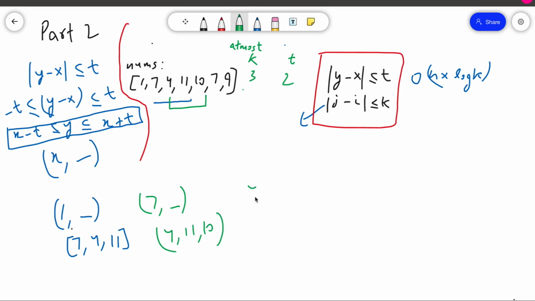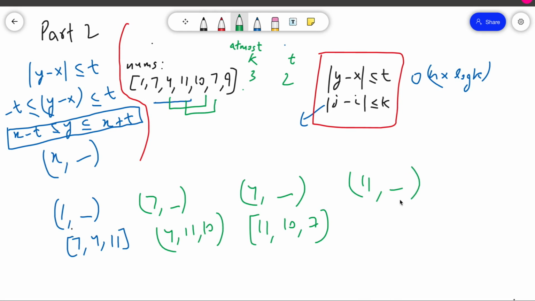Similarly, if the first number of the pair is 4, then we have to pick the other number of the pair from the next k numbers from 4, which are 11, 10 and 7. And similarly, if the first number of the pair is 11, then the second number of the pair we have to pick from the next k numbers from 11, which are 10, 7 and 9.